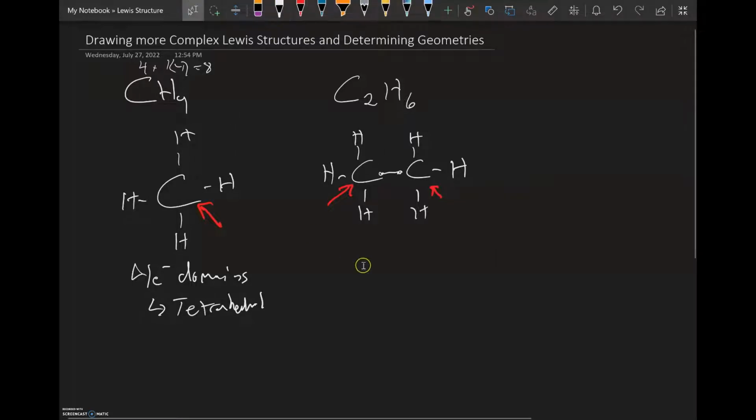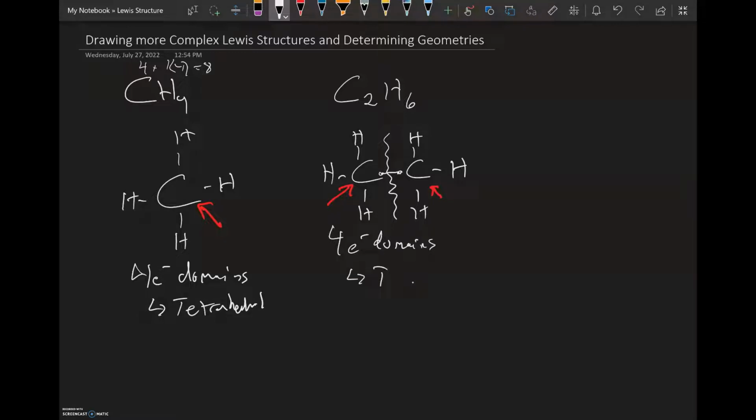The nice thing is if you draw a line down the middle, both halves are the same. So once you figure out one, the other is the same. We're just going to focus on 1 carbon atom. Looking at the left carbon, you can see there are 4 bonds around it, so you have 4 electron domains, and this shows up as being tetrahedral as well.